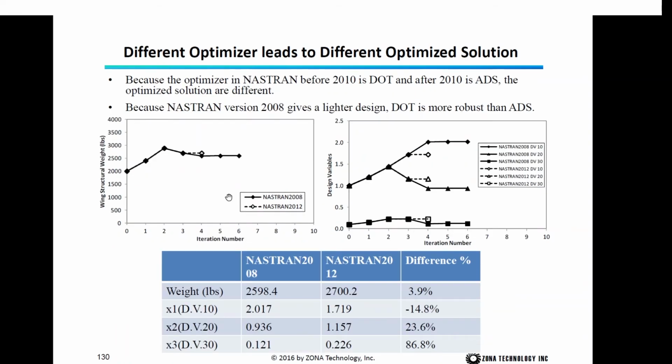So let's look at after 2010. What's the impact of the optimizer on the optimized solution? You can see in 2008 and 2012, the weight is higher, and also the design variable solutions are very different.